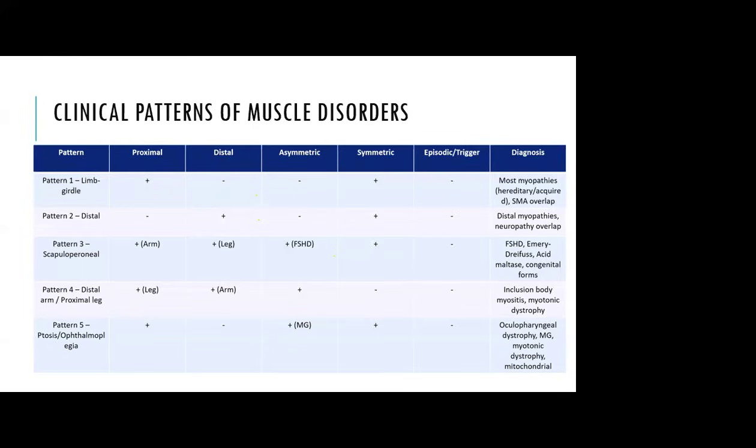For example, proximal leg and distal arm involvement is classical for inclusion body myositis, although it can sometimes be seen in myotonic dystrophies also. Whereas the scapuloperoneal pattern, which is proximal arm and distal leg, is FSHD and EMD.